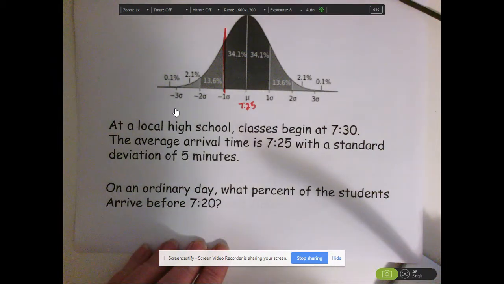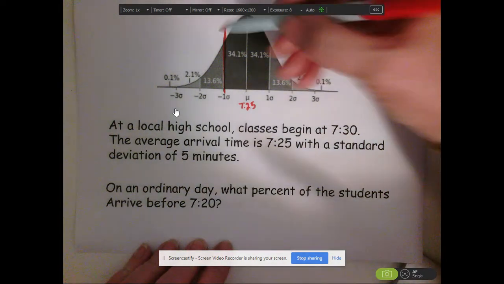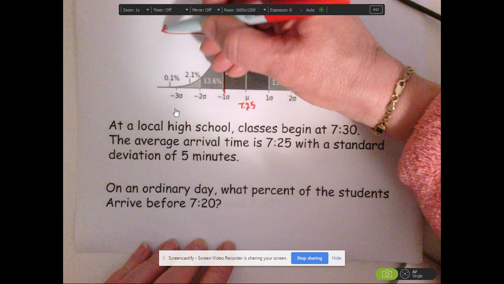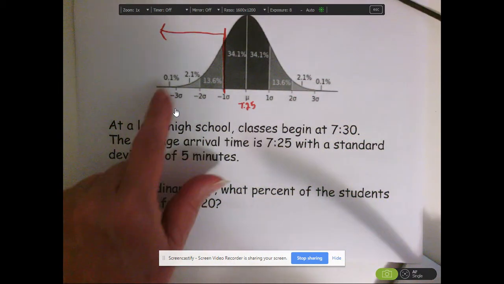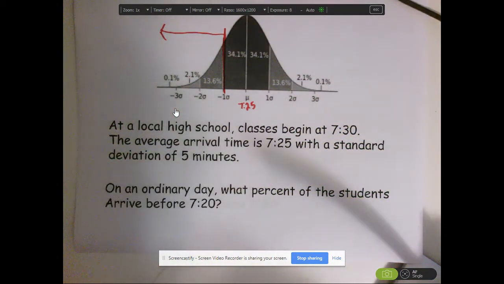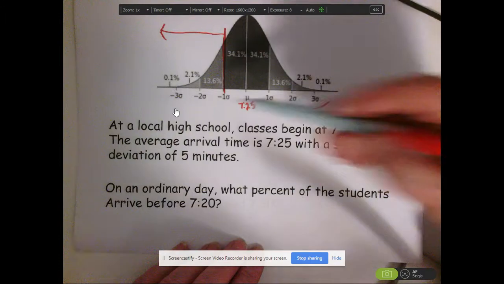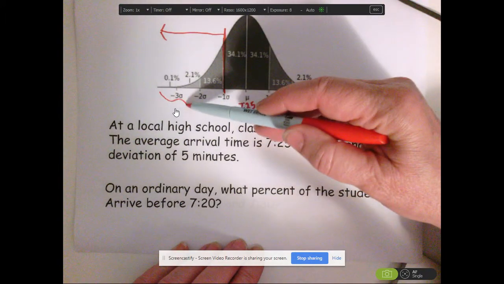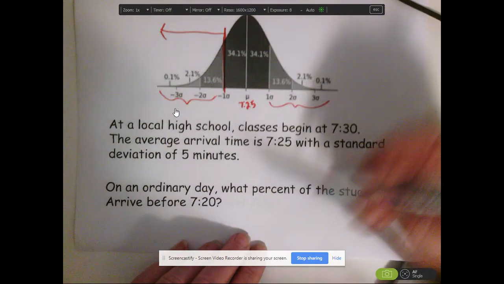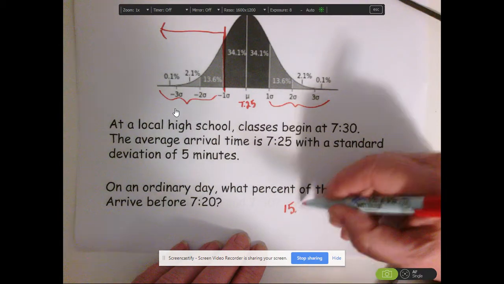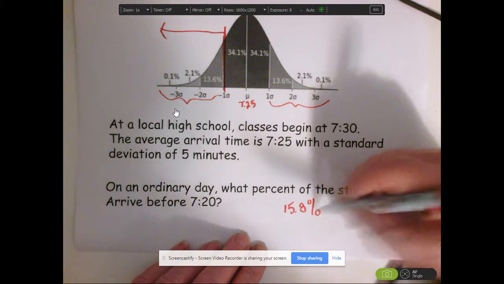If we want to know how many students arrive before 7:20, we're looking at this part of the chart. Once again, we just have to add up these three pieces of data. On the previous one, we added up this data, and we know our chart is symmetrical, so this data would be the same thing. So we know the answer to the question would be 15.8%.